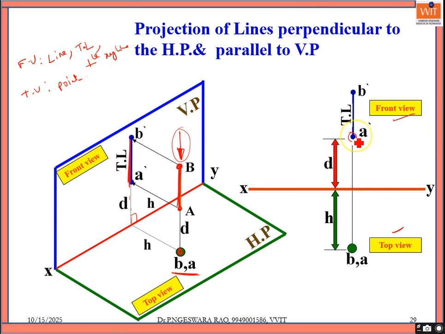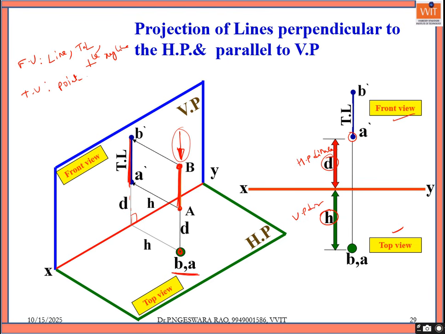The nearest end we have to locate: this distance is the HP distance. HP distance we always mark in the front view, whereas the VP distance we mark in the top view.